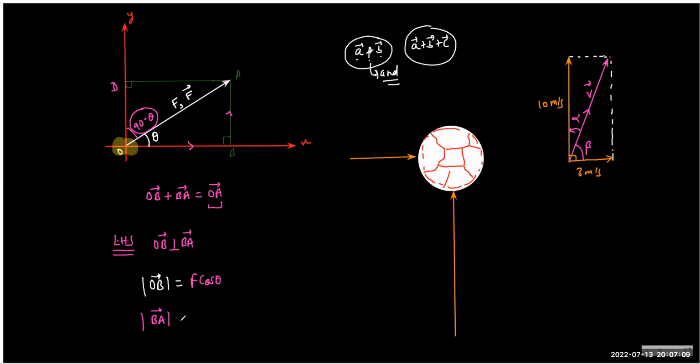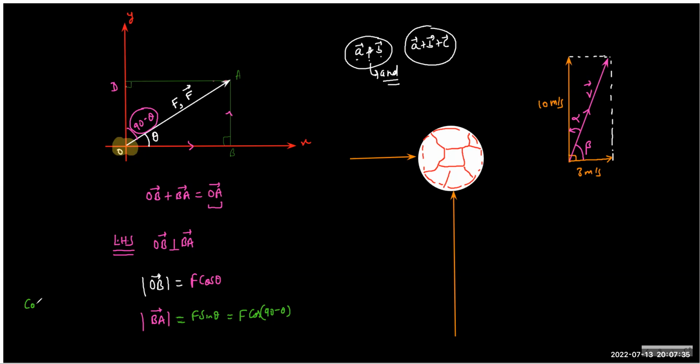So what is BA? You can use that again, basic trigonometric identity. Tell me, what is BA? F sine theta. And can we say F sin theta is nothing but F cos of 90 minus theta? Why?